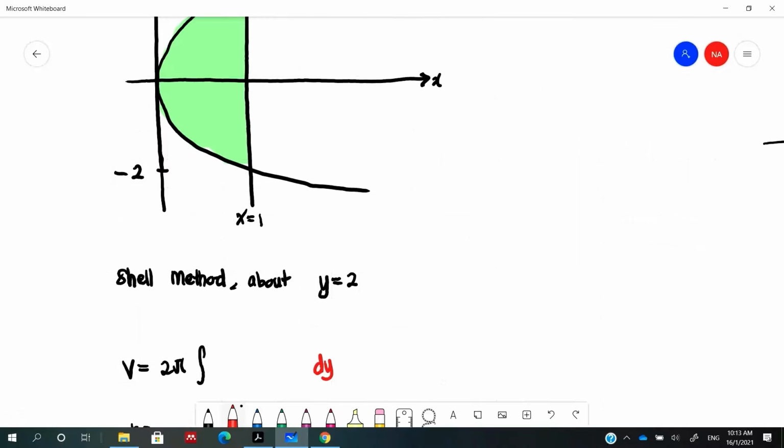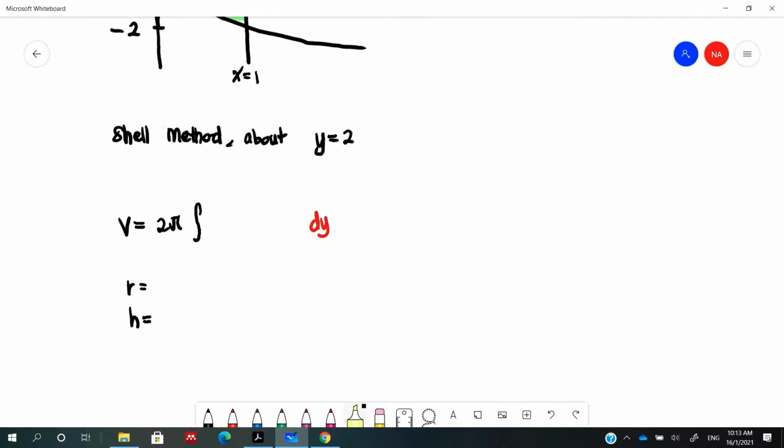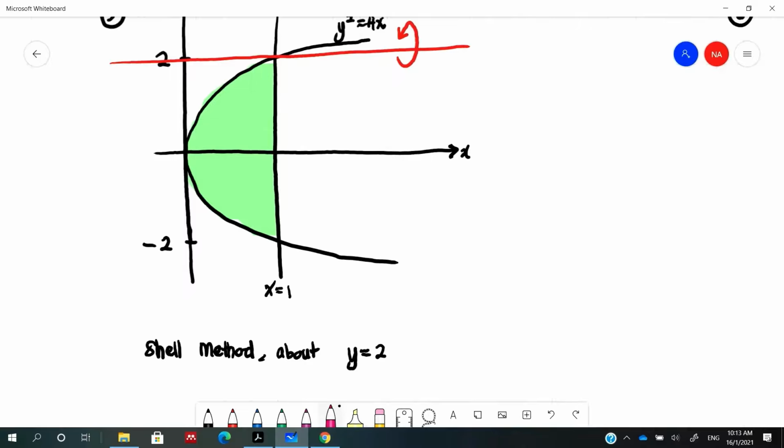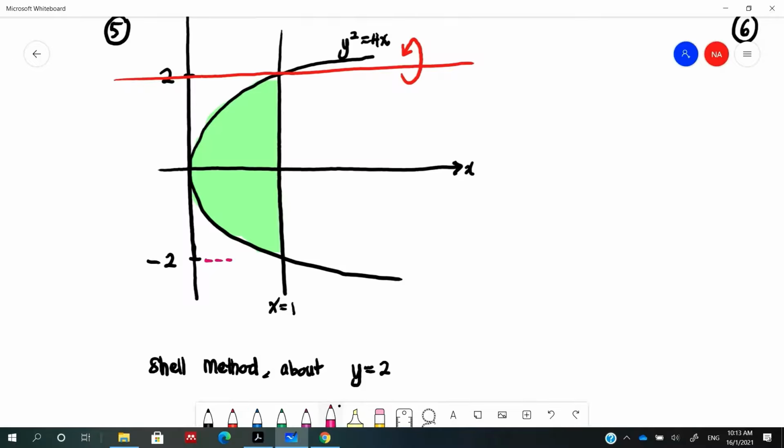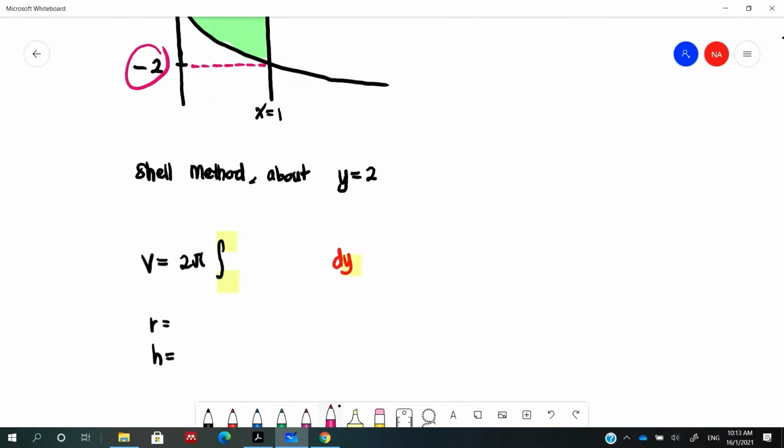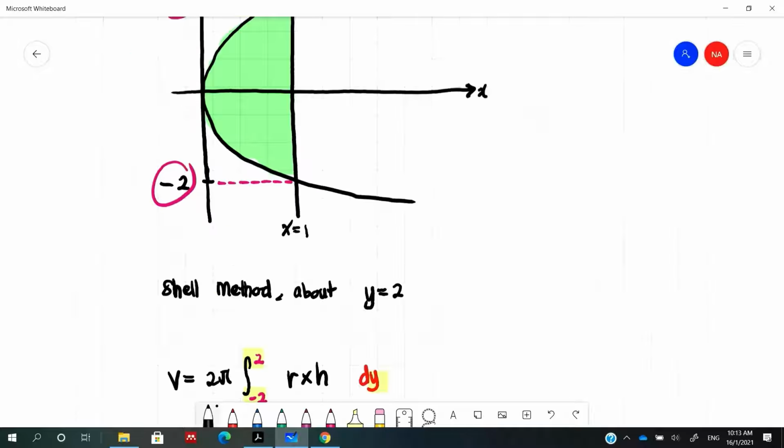All right, so dy, and because it is dy, the values on this integral should be on the y-axis, which is the region bounded from -2 until 2 on the y-axis, right? And the volume is given by the formula r multiplied by h. So you have to find the height first.